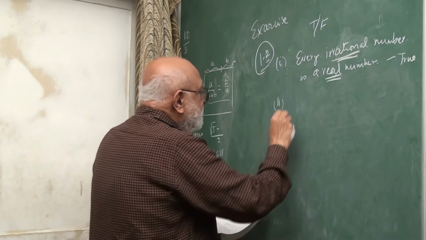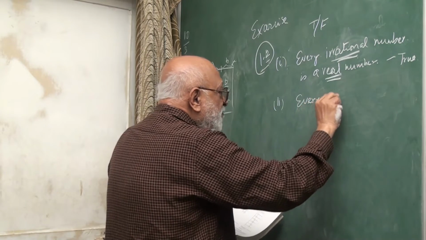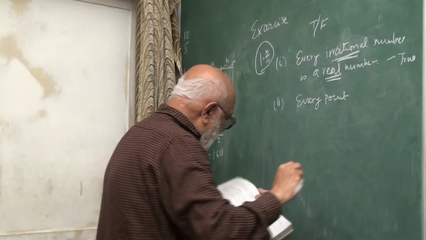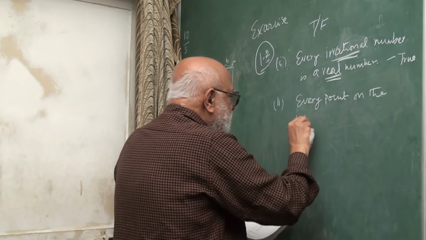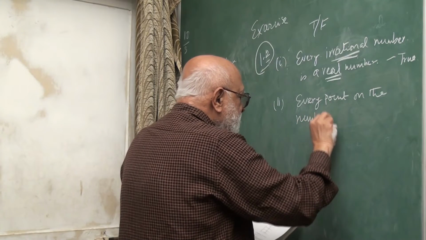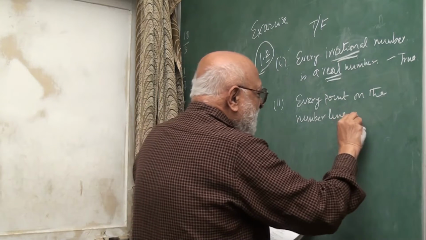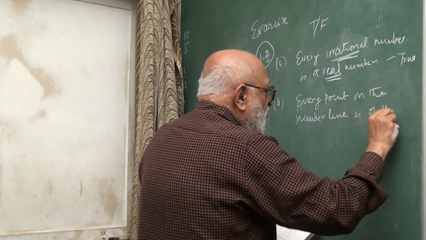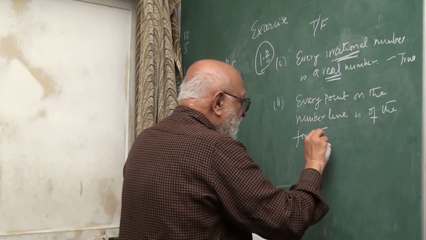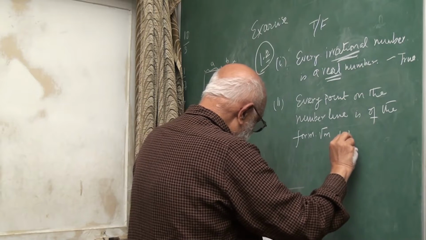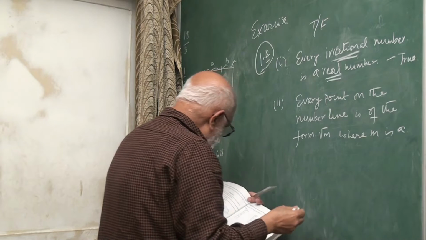Number 2: every point on the number line is of the form root m, where m is a natural number.